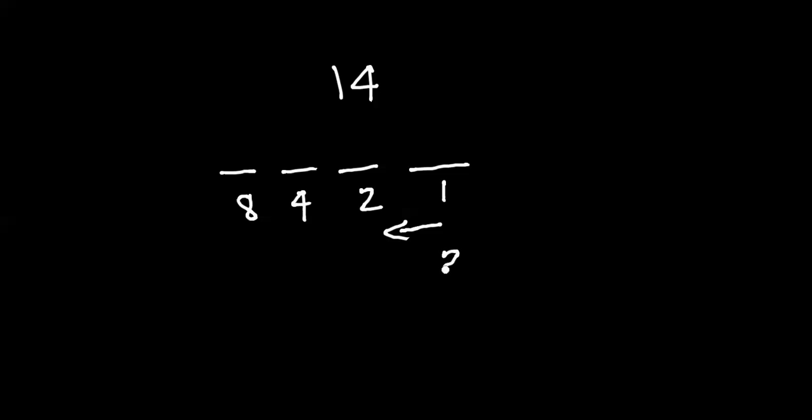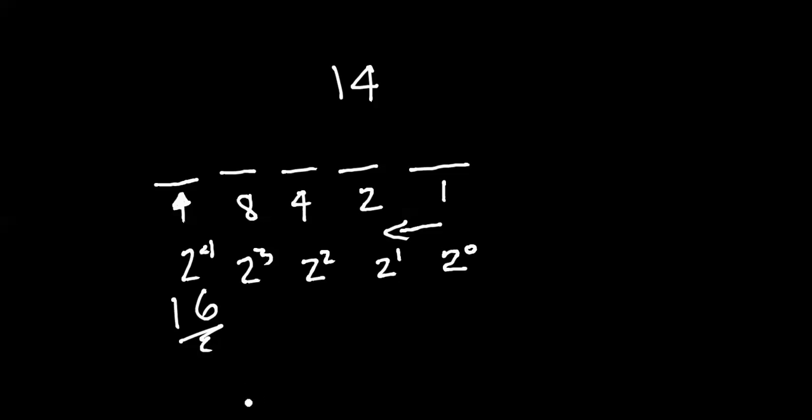This is 2 to the 0, 2 to the 1, 2 to the 2, 2 to the 3, and what do you suspect would go here? 2 to the 4. So this would become the 16 spot.